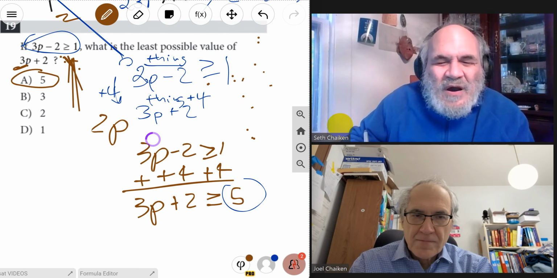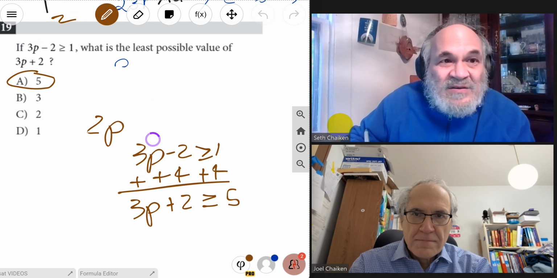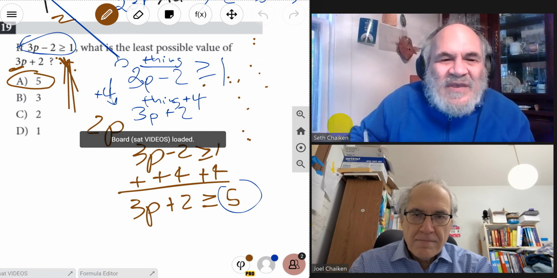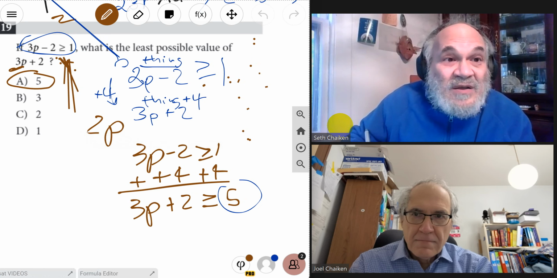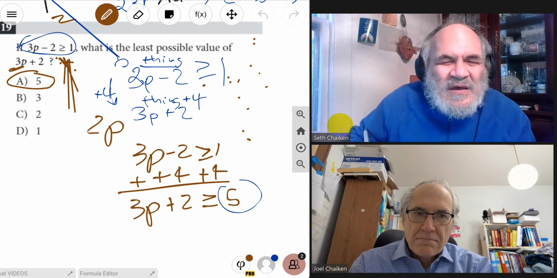The logically correct but wasteful strategy is to realize that the maximum value attained by 3p plus 2 is attained for the same p, find the minimum value for p, and then plug it into here.